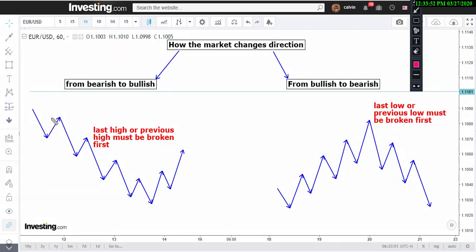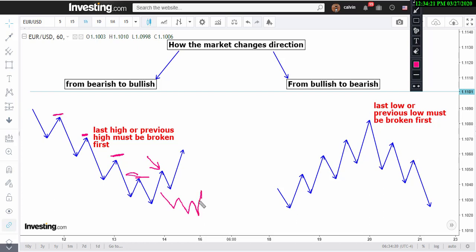When the trend is moving to the downside, it creates lower highs, lower highs, lower highs. But you notice this last one was broken by this one because it didn't make a new lower high.